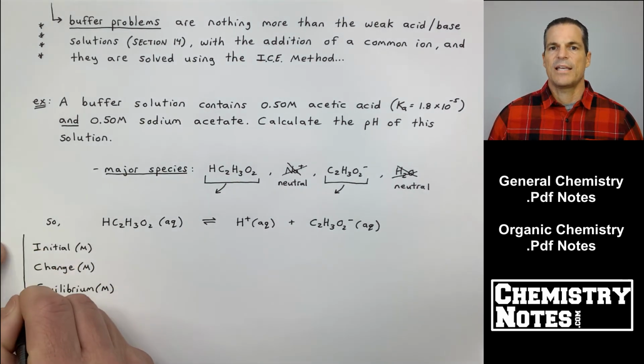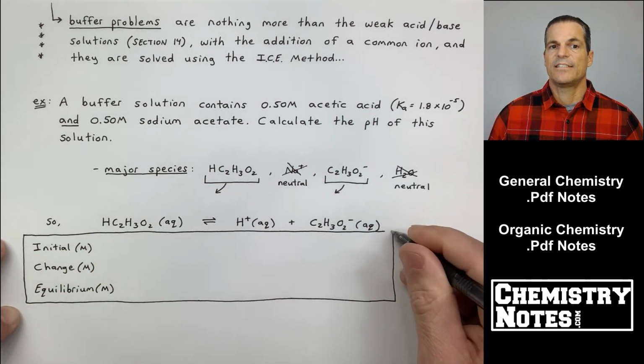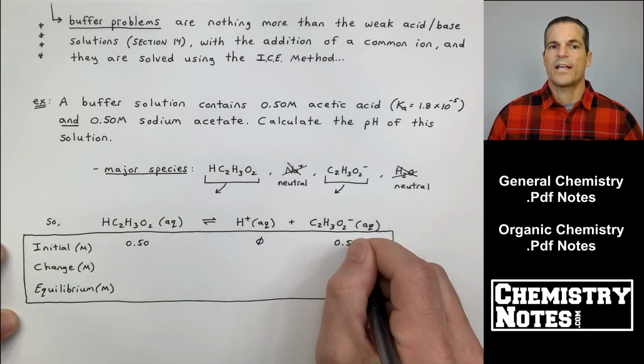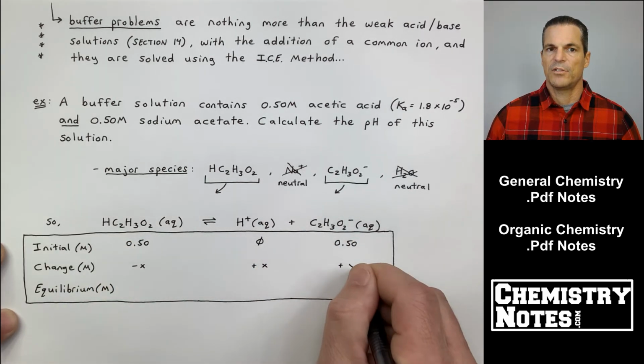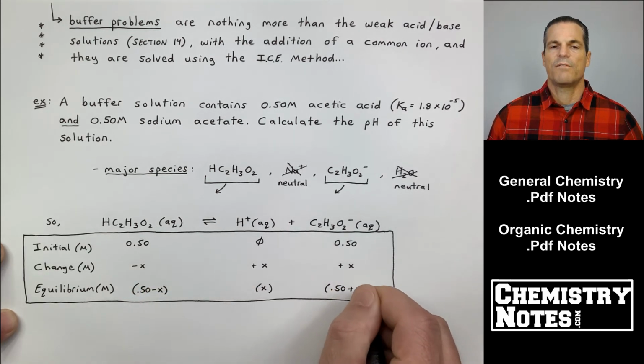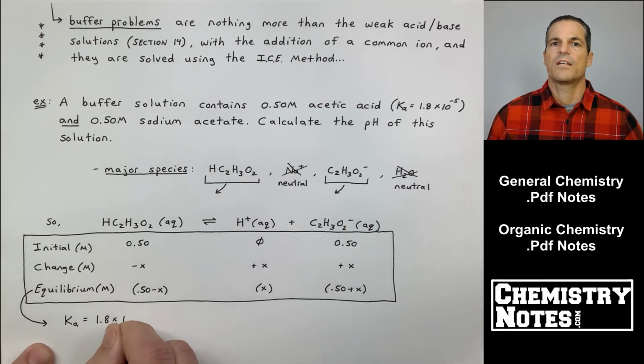And this is my ICE method. Now, what are my initial concentrations as I dissociate my weak acid ever so slightly? Remember, weak acids don't dissociate that much, but they do a little bit. Initially, 0.50 molar of the weak acid, also 0.50 molar of the common ion C2H3O2 minus.